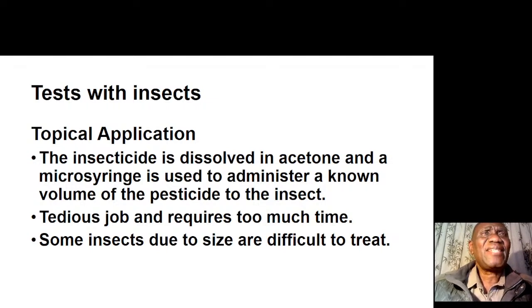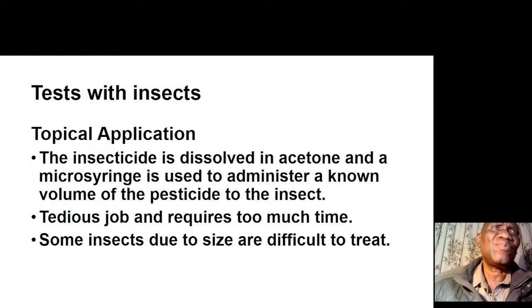So how do we administer the pesticide? There is what is known as topical application. In this case, the insecticide is dissolved in acetone, which is a chemical, and then using a micro syringe you can administer a known volume of the pesticide to the insect.